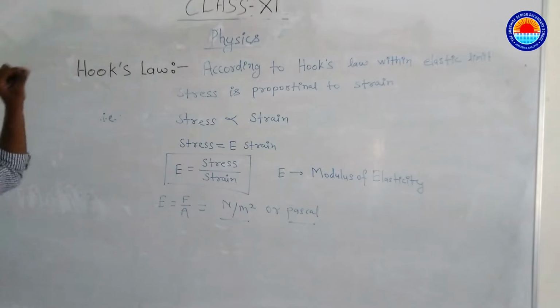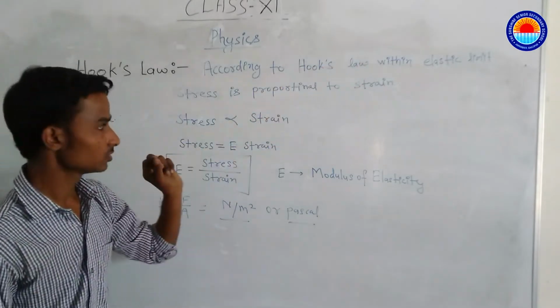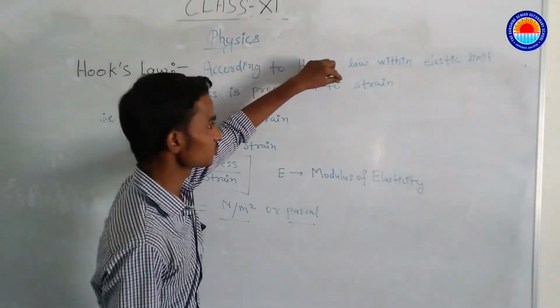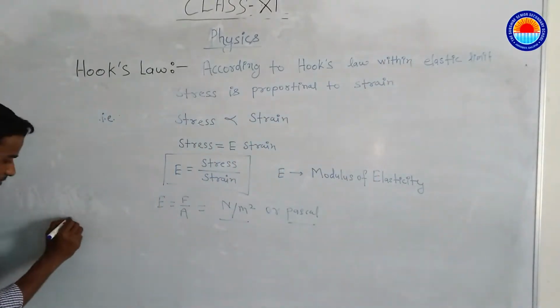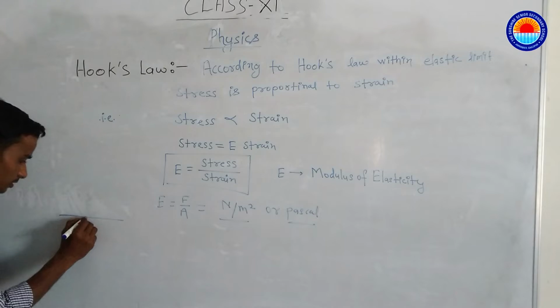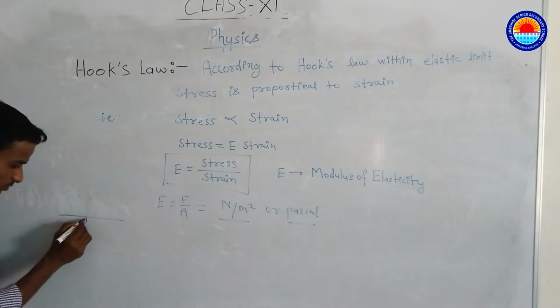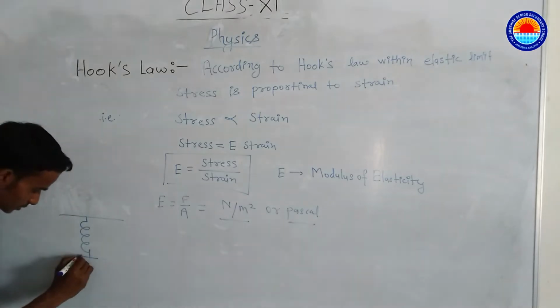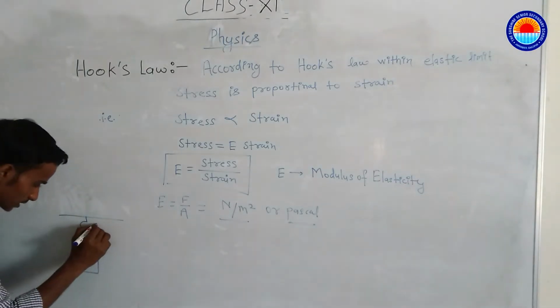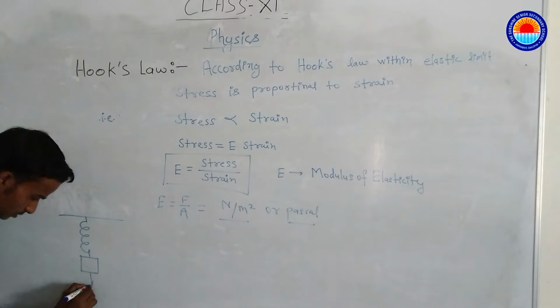And this is very important: within the elastic limit, stress is proportional to strain. Clear? It means, suppose a spring: if we apply a force, the length of this spring increases.